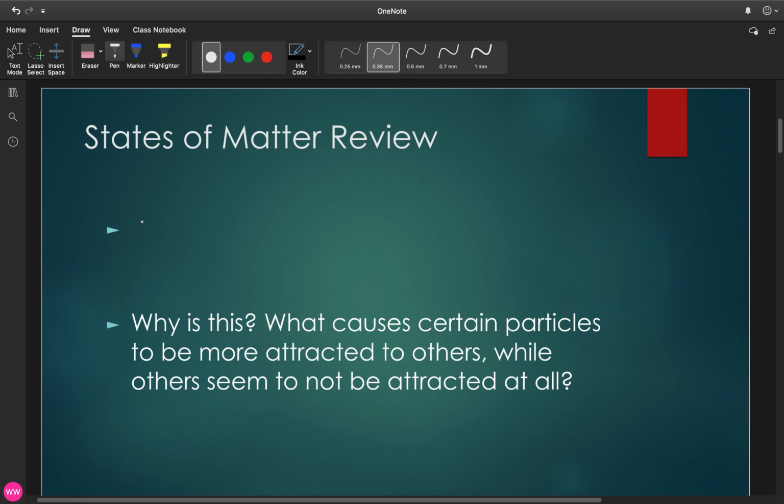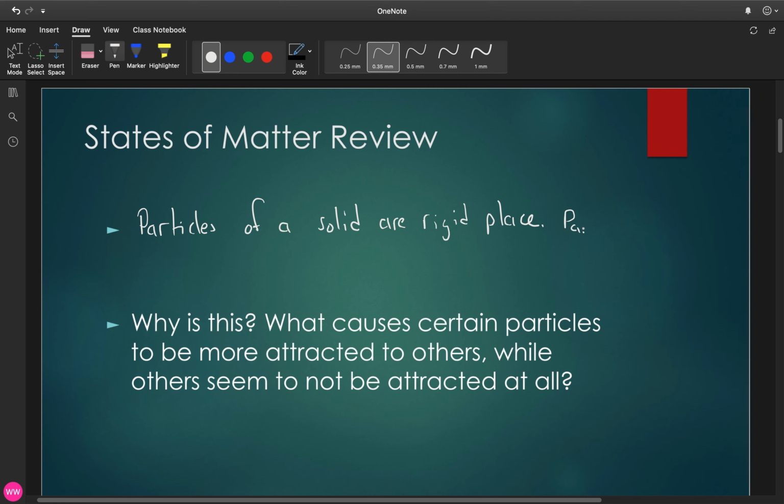So really quickly, just reminding yourselves that the particles of a solid are rigid in place. They have a little bit of vibration, but they have no flow.